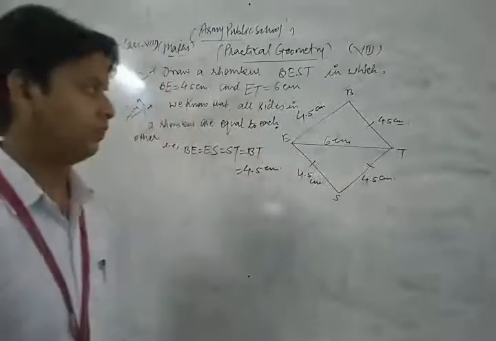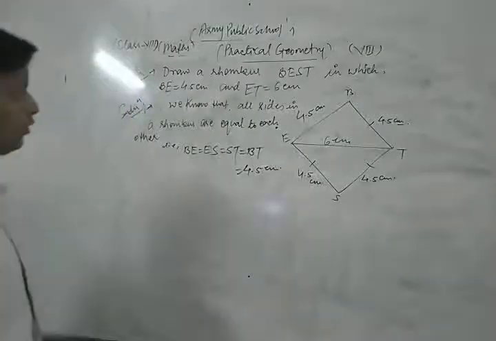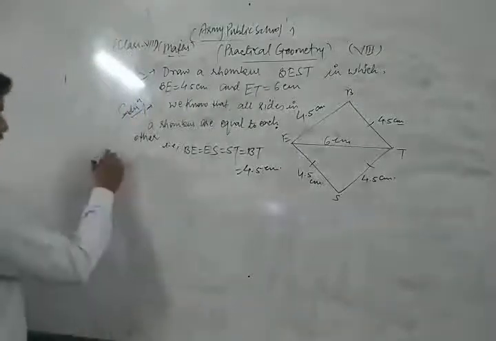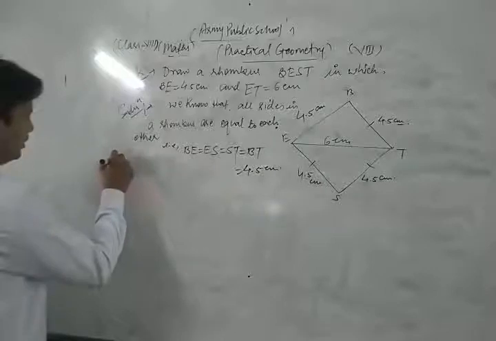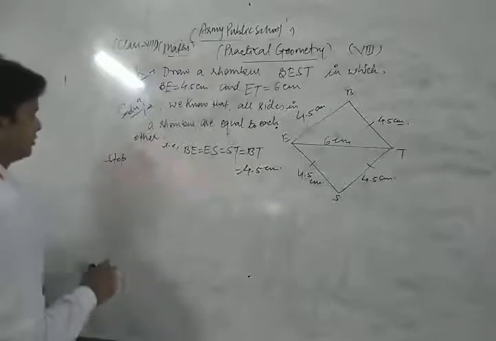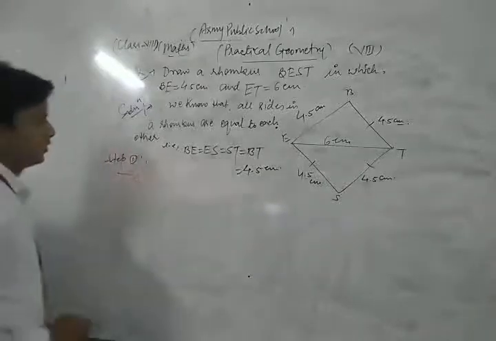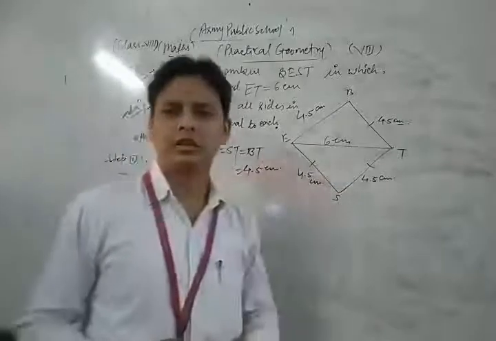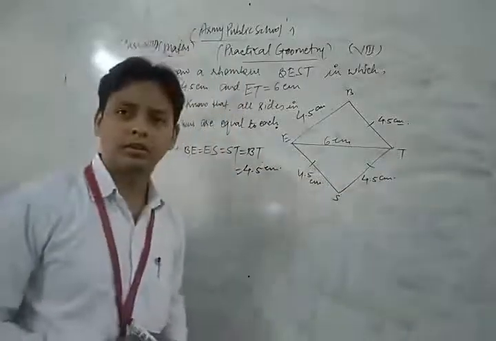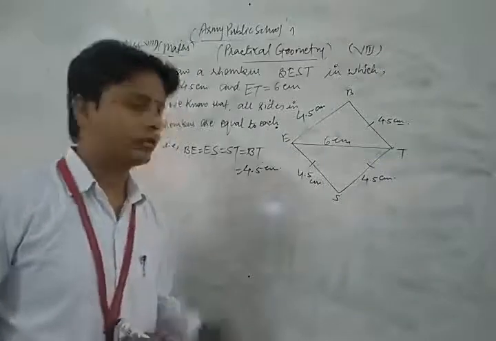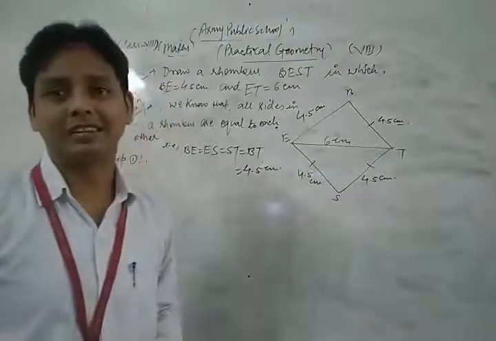Okay. Now we construct it. We take step one. First of all, we draw the diagonal. This is one of the diagonals of the rhombus. So first of all, we draw its diagonal ET.